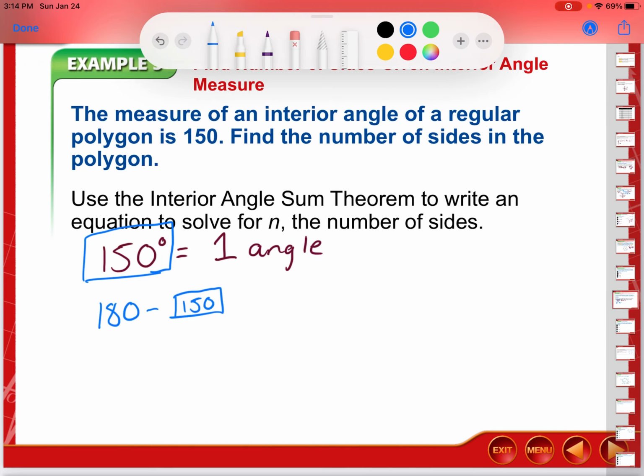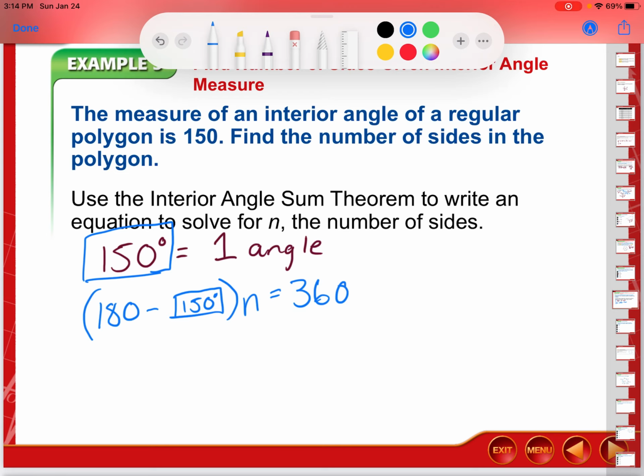In this case, it's 150. Times n equals 360. Right?